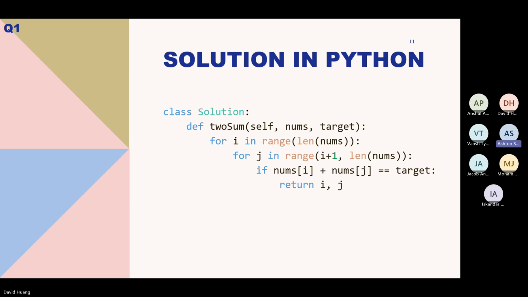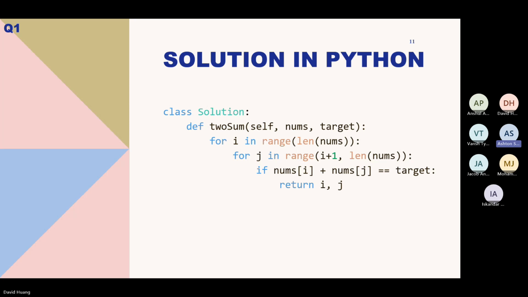Okay. So similar in Python for the brute force solution, you're going to use a nested loop. We're creating the class Solution and defining the function twoSum, which takes nums, the array, and target, which is the target sum.